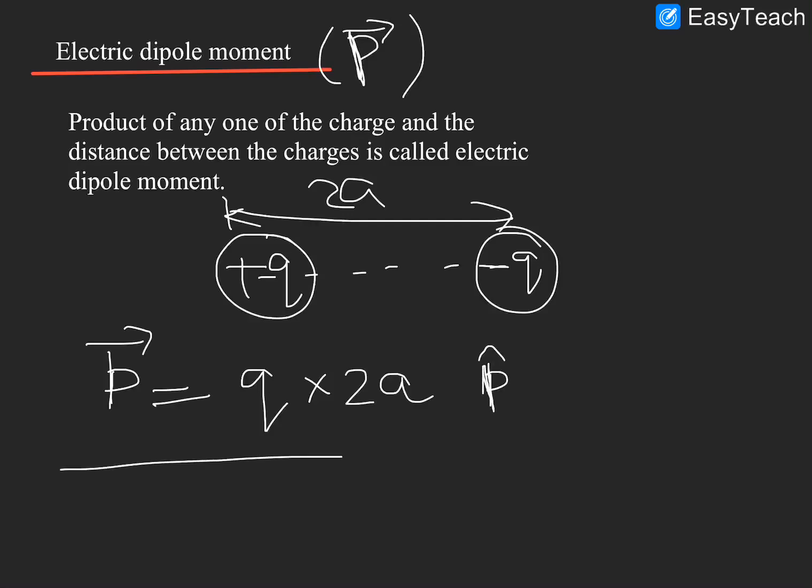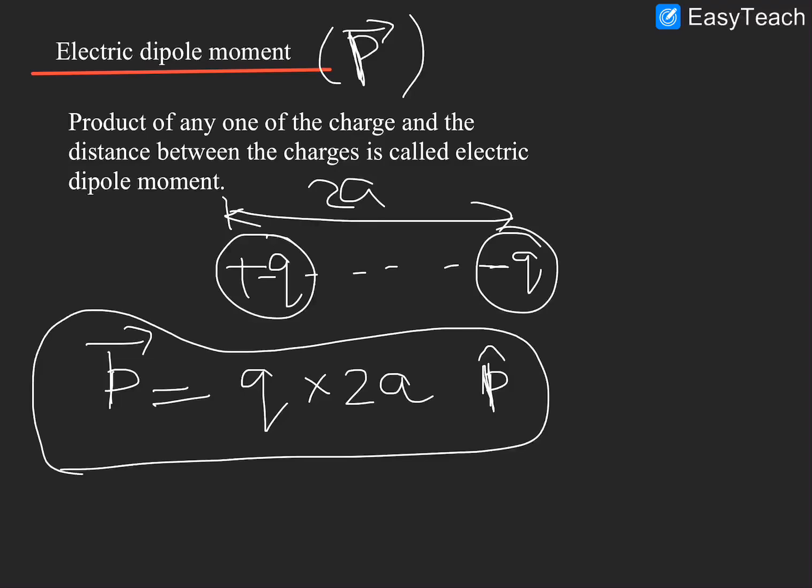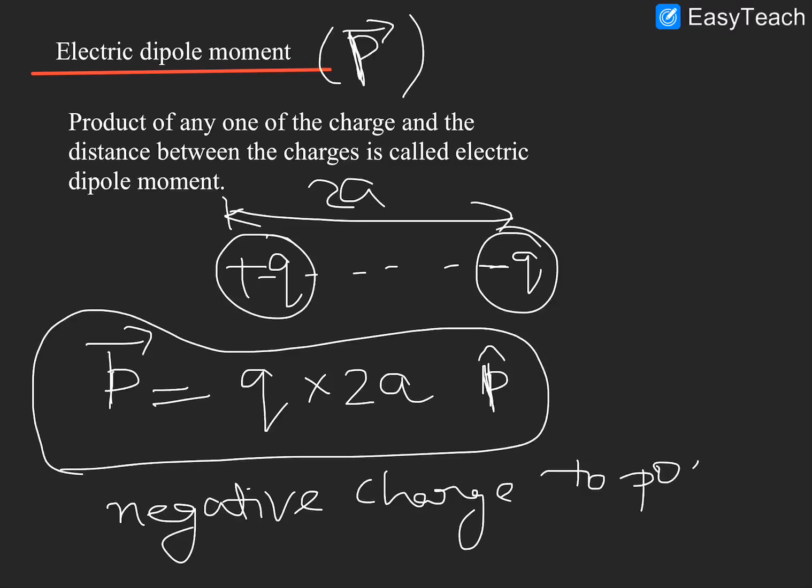small letter p cap, where p cap is the direction of electric dipole moment, which is always along the axis, and the electric dipole moment is always taken from negative charge to positive charge.